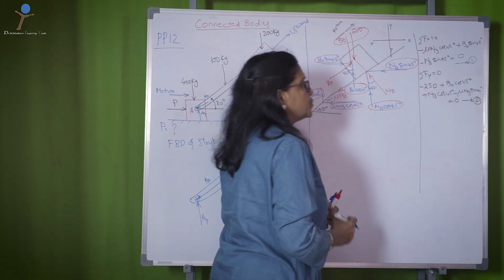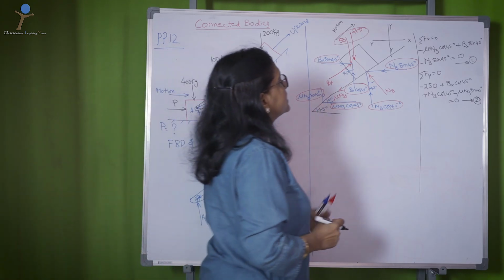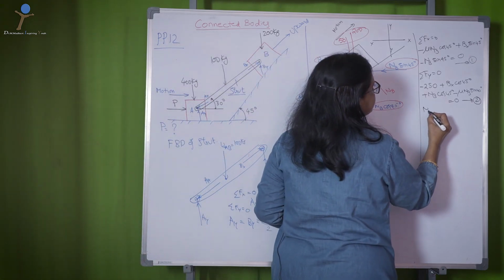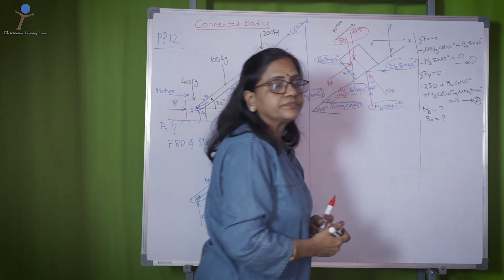This is equation number 2. So, from here you have two unknowns, one is NB, another one is Bx, to solve.